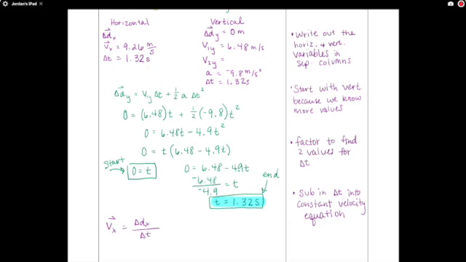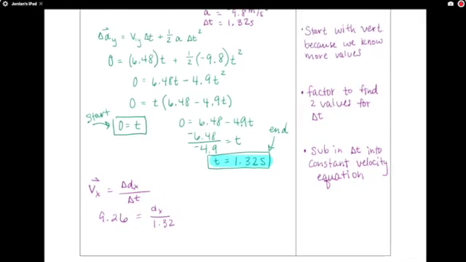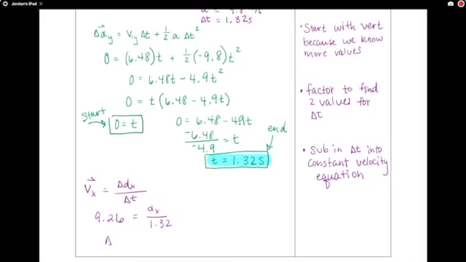Okay, so if I plug in what I know, we have 9.26 equals dx over delta t, which is 1.32, which is what we just found. Okay, so times both sides by 1.32, and we'll get that delta dx equals 12.25 meters.